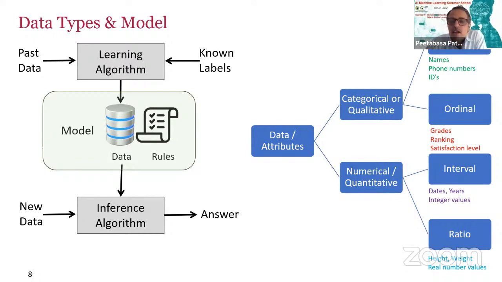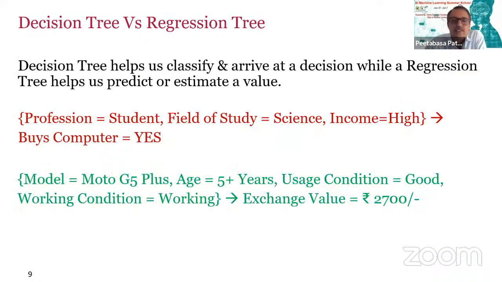Now, using this data, we try to come up with a classification. Let's look at how things work out. For example, a decision tree is that which helps us to classify and arrive at a decision, while a regression tree helps us to predict or estimate a value. For example, look at this observation: the profession is student, the field of study is science, and the income is high.